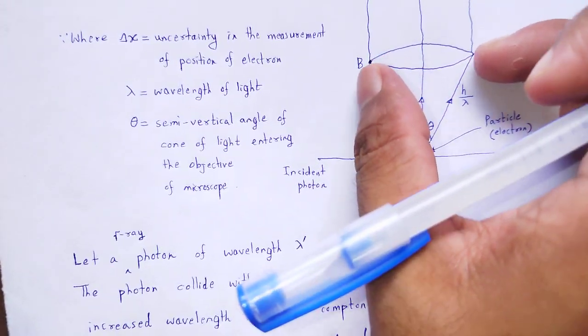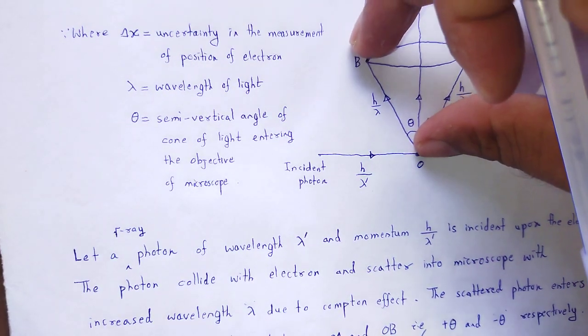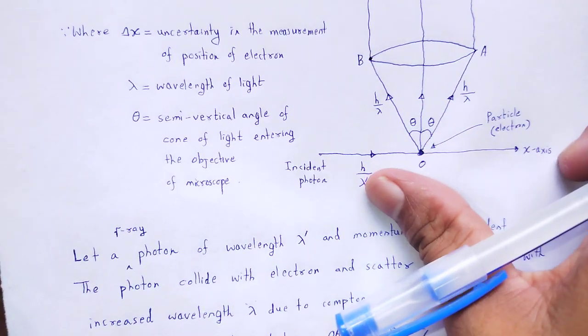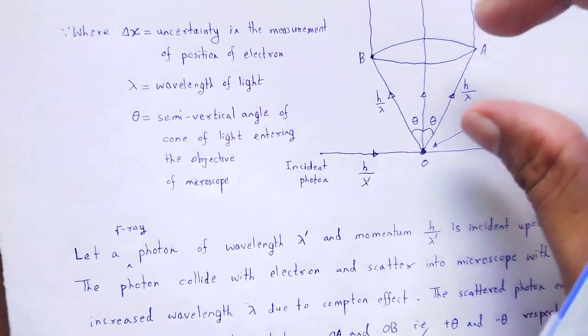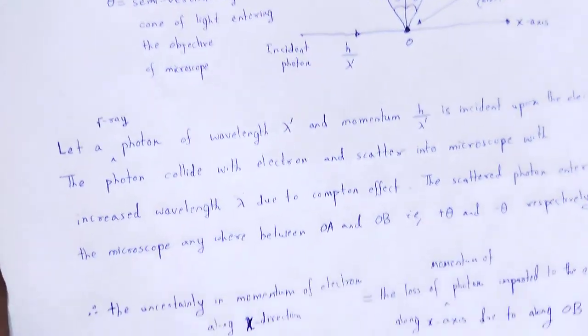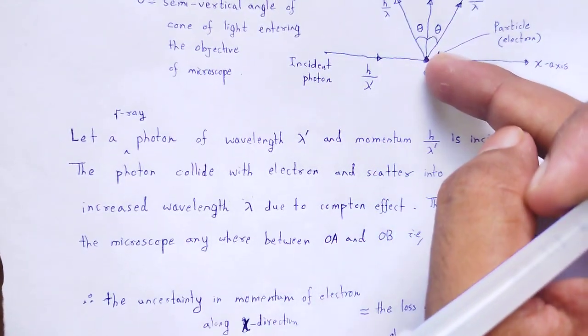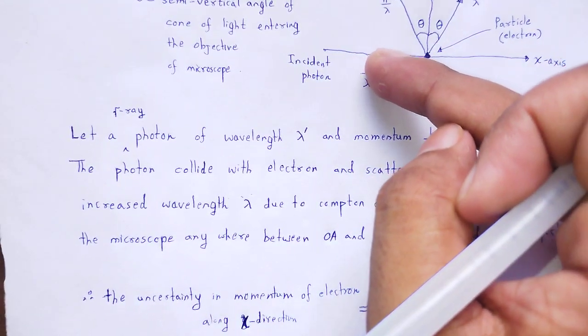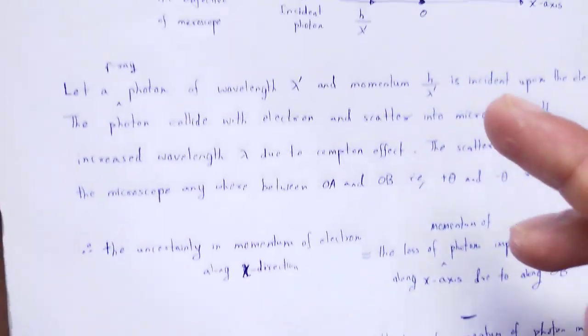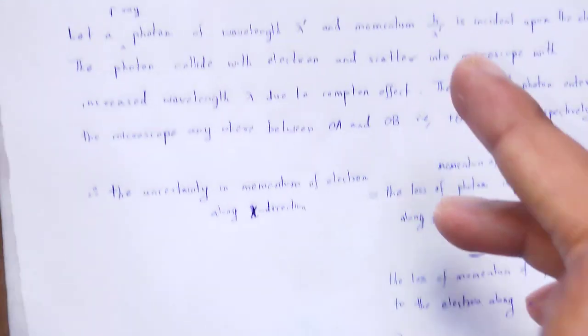What is the uncertainty of momentum in that of x axis? That is uncertainty in that region due to plus theta, due to minus theta. What will be the uncertainty of momentum along x axis due to OA and OB within that range plus theta to minus theta? First, along OB, this is the incident photon along x axis, that is h by lambda dash. That component along x axis minus h by lambda sin theta, since it is against that of incident photon.